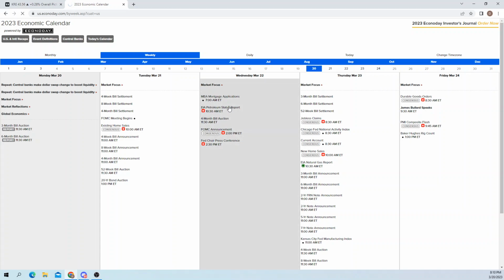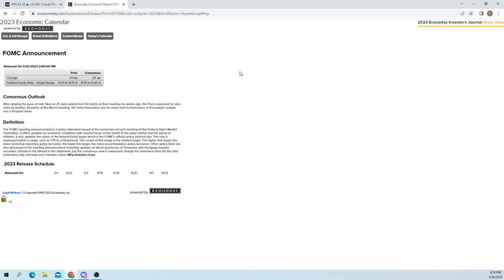I've seen different trade desks and analysts call for crazy things. So the consensus as per this website is 25 basis points. I've seen people saying that they're going to raise by 50 basis points. I've seen a ton of people say they're not going to raise rates at all, and I've even seen a few desks say that they're going to cut rates.